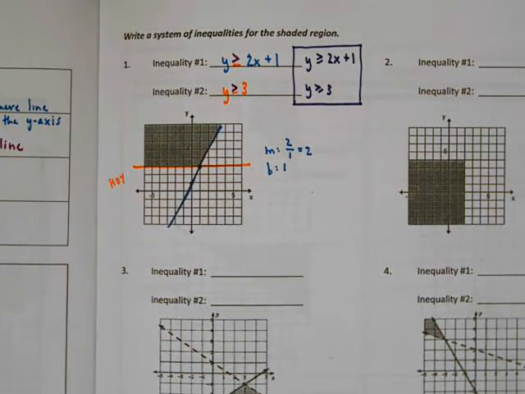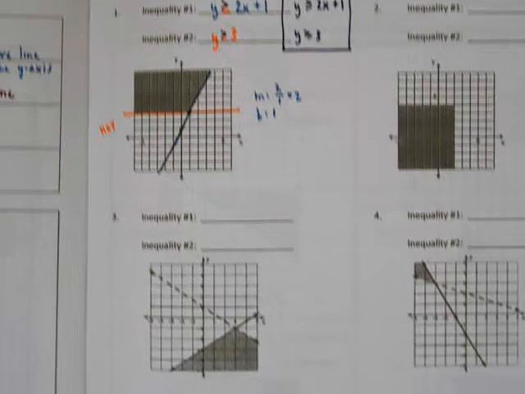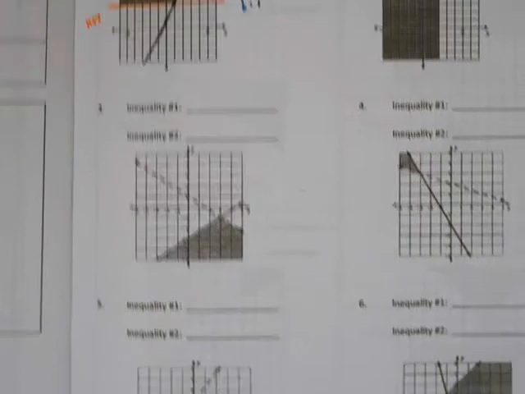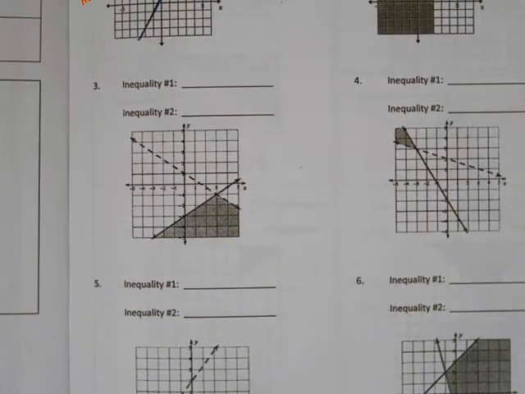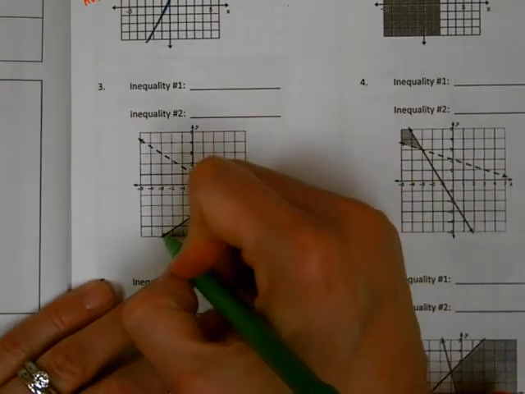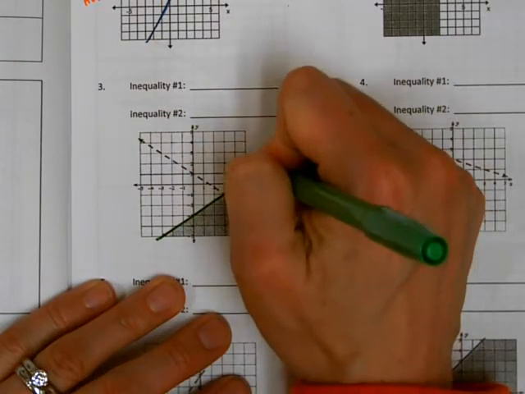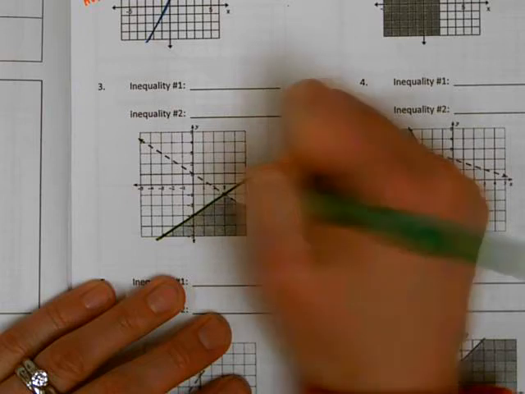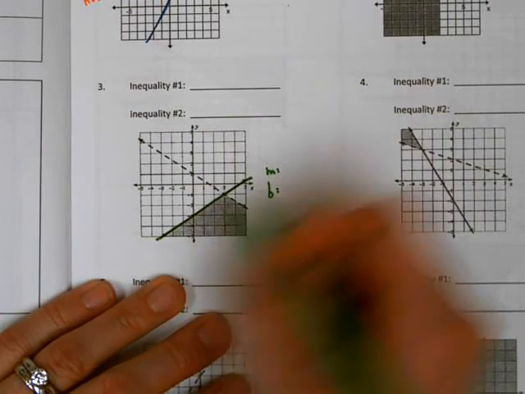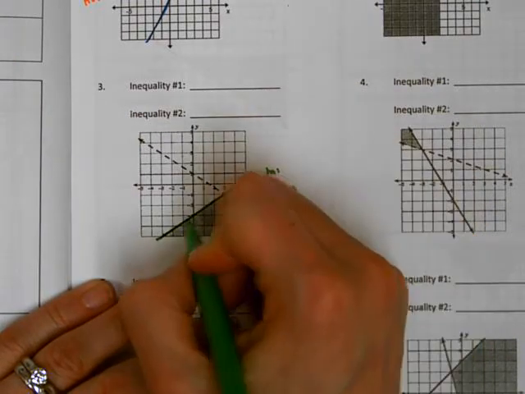All right, let's do number 3. So again, I'm going to use some color here. Let's see. I'm going to use green here. I'm going to start with this line. So I need an M and a B. My B is going to be a -3.